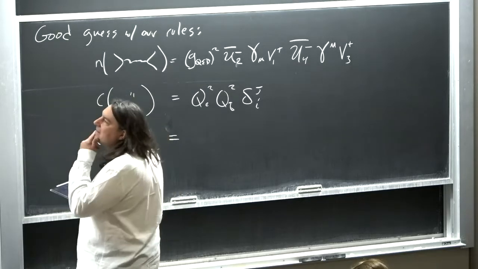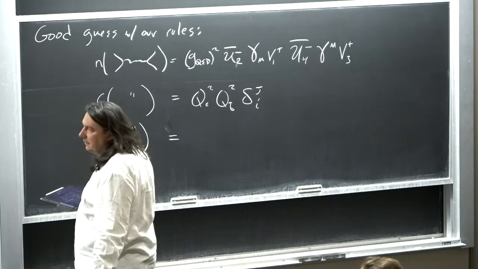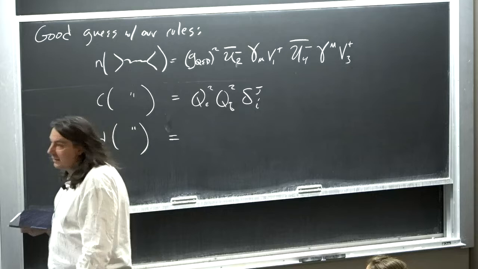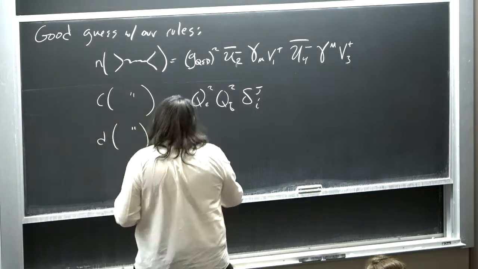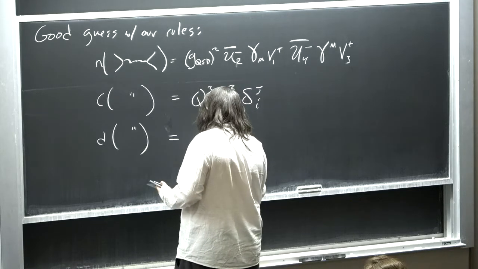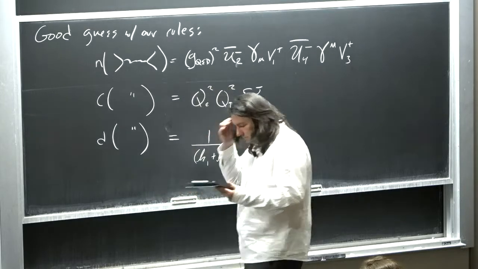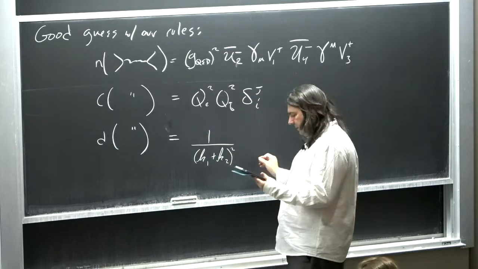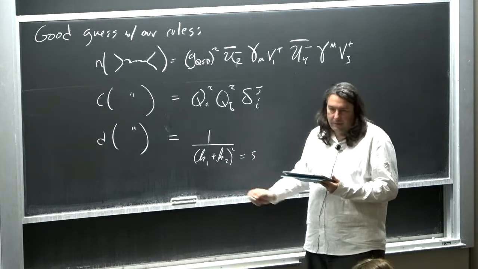What's l? The momentum running across. So what is the momentum running across? K1 plus K2, squared. So we call this s, the Mandelstam variable s, (K1 plus K2) squared.